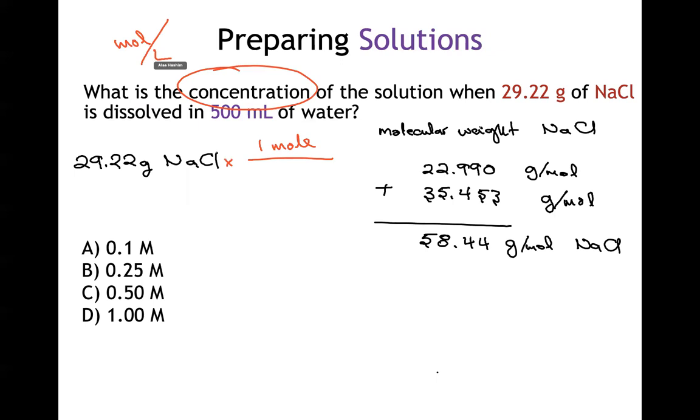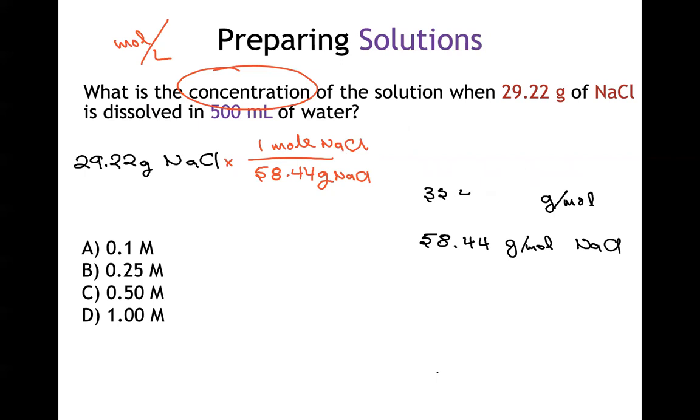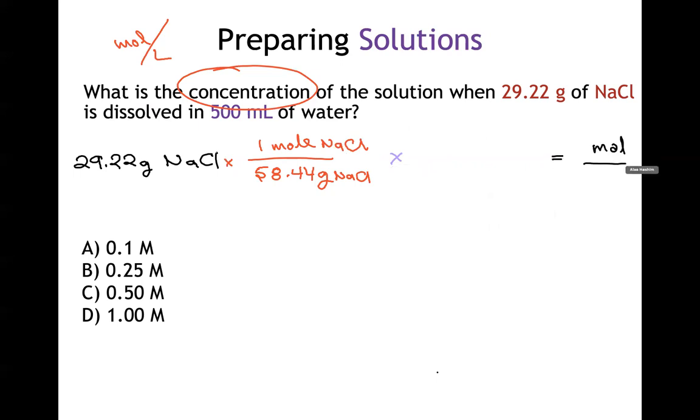So we want moles on top, and we also need grams to cancel out. 58.44 grams, and again, that's sodium chloride. Okay, what do we get if we take a look at the units? Grams is canceling out grams, right? Well, we're left with moles, but we need our final answer in concentration in moles per liter, right?